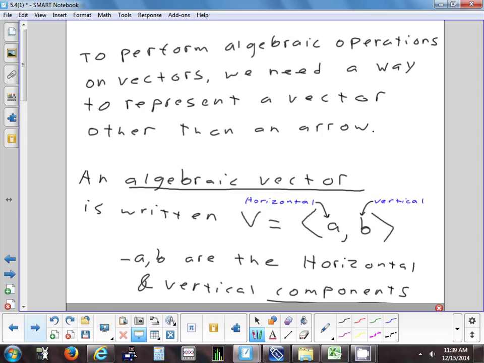B represents the vertical distance between the initial point and the terminal point. It's almost like finding slope, except you're not writing it as a fraction. So you're finding a horizontal distance between 2 points, and a vertical distance.